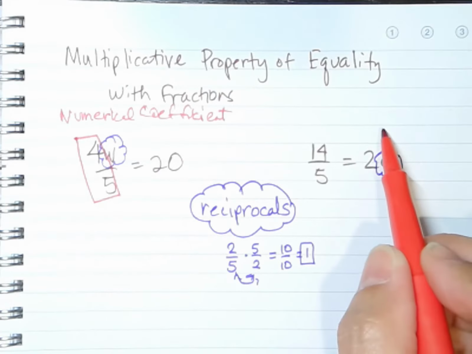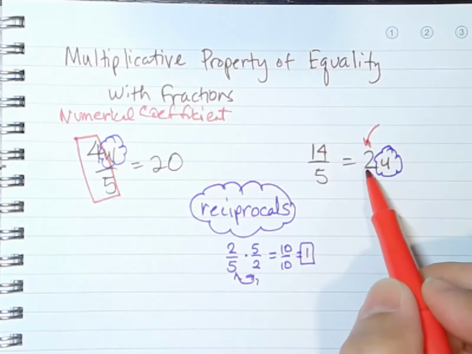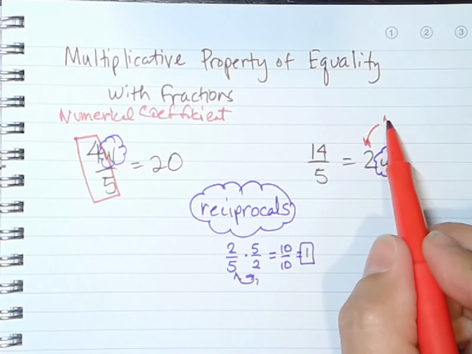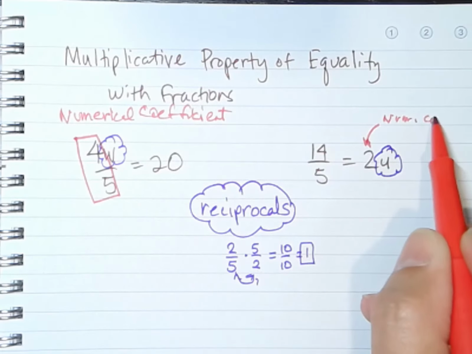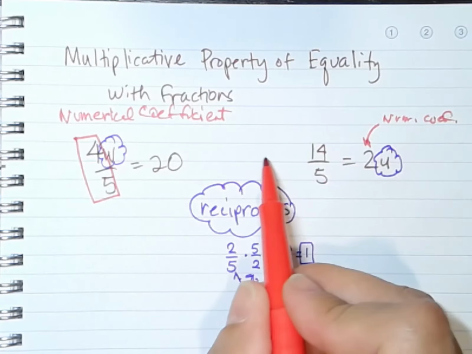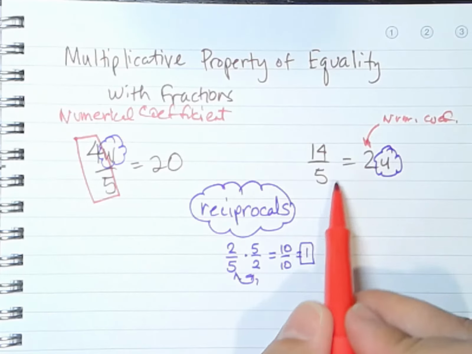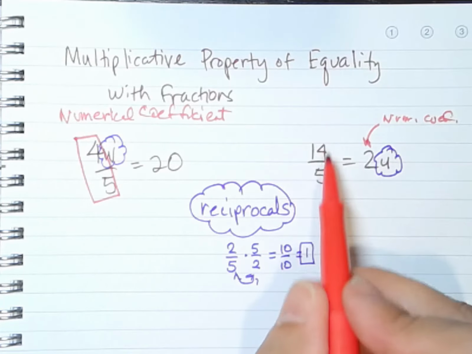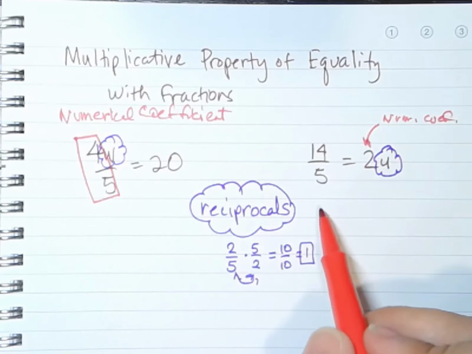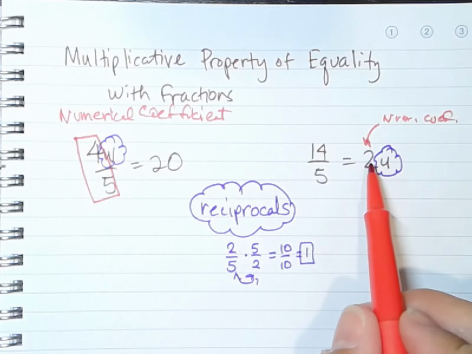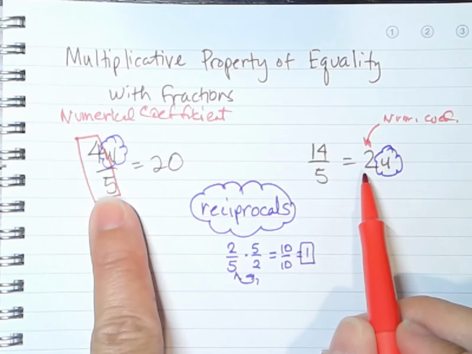Over here, is the numerical coefficient a fraction? No, it's just a regular number. So my numerical coefficient here is just a regular number. So most of you guys are going to the fraction and trying to use that fraction just because it talked about fractions. But what you're really trying to do is remove the numerical coefficient.